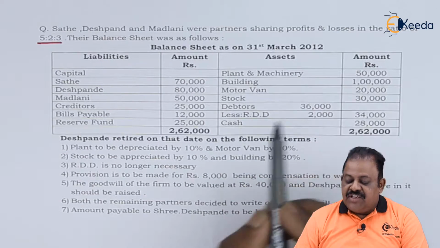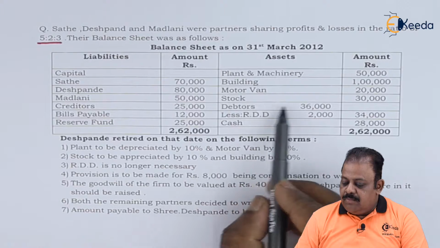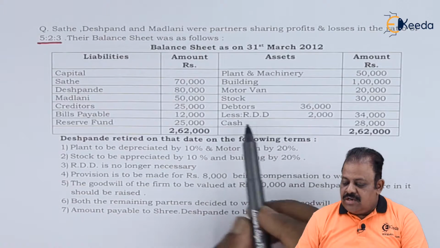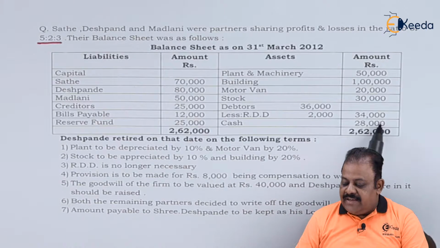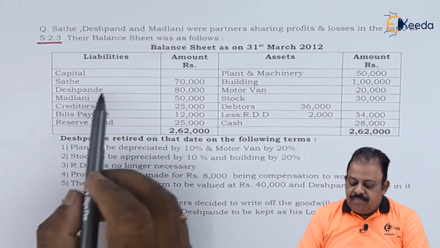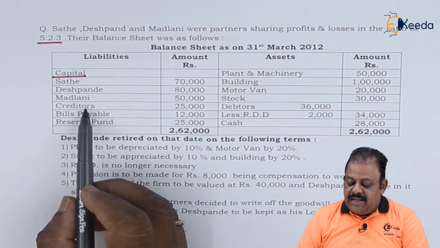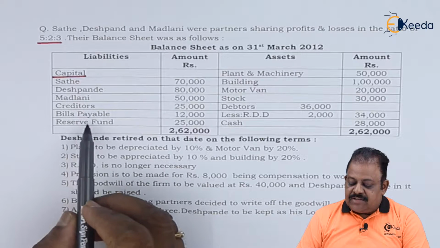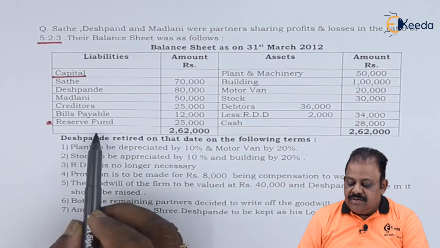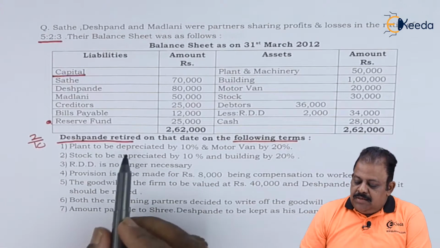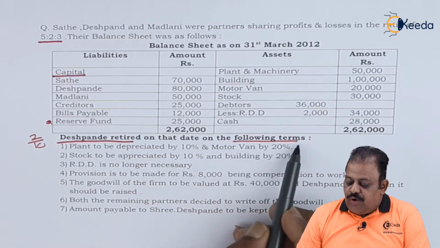Assets: plant and machinery, building, motor van, stock, debtors less RDD, cash balance. Liabilities: we have capital of Sathe, Deshpande, Madlani, creditors, bills payable, reserve fund. Deshpande retired on that date on the following terms.